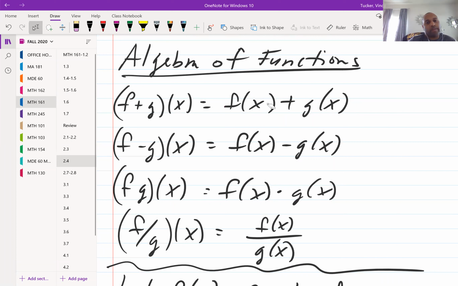All right, here we have the algebra of functions. This is basically short notation for adding your functions, subtracting your functions, multiplying and dividing your functions.